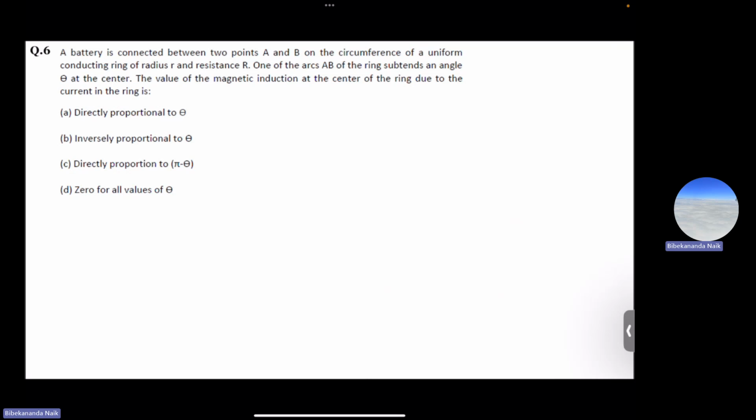The value of the magnetic induction at the center of the ring due to the current in the ring is: option A directly proportional to theta, option B inversely proportional to theta, option C directly proportional to pi minus theta, or option D 0 for all values of theta. This is an important question from the point of view of your exam also. I'll give you a few minutes and then we will discuss in detail the correct option.